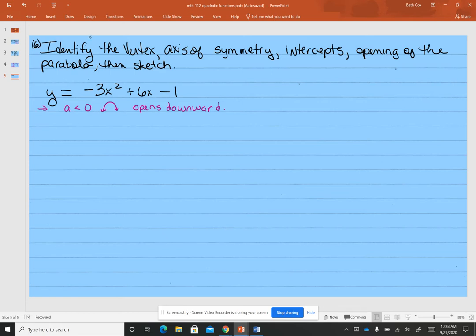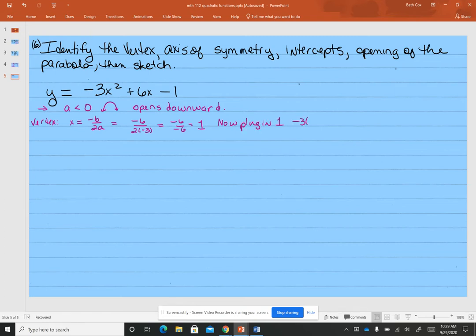All right, then we're going to do our vertex. And again, you have the formula for the x value, which is -b over 2a. And then once you do that, you plug it in. So this is going to give me -6 over 2 times -3, which is -6 over -6, which is 1. And then I plug that in to find the y value. I'm going to plug in the 1.